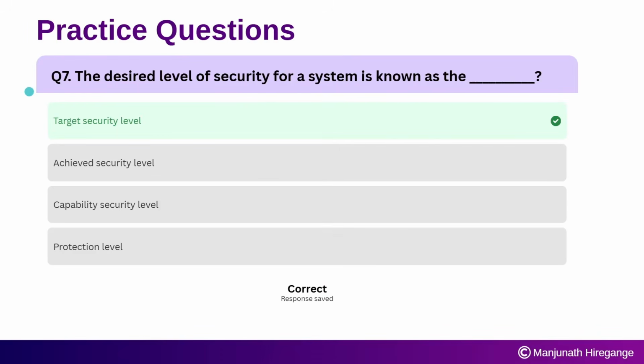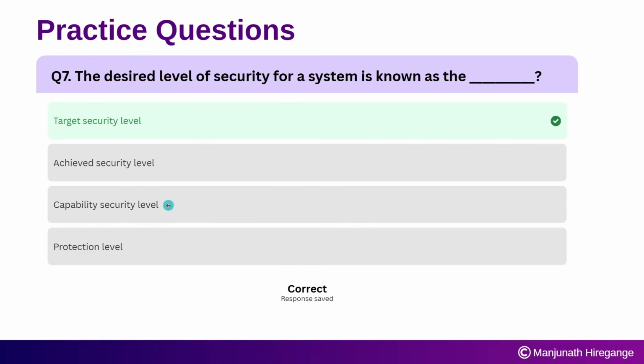Why? Because it refers to the desired level of security that a system should achieve to meet the operational compliance and risk management goals. It represents the goal or benchmark for securing a system against any identified threats or vulnerabilities. The achieved security level is the actual level of security that has been implemented and verified in the system.